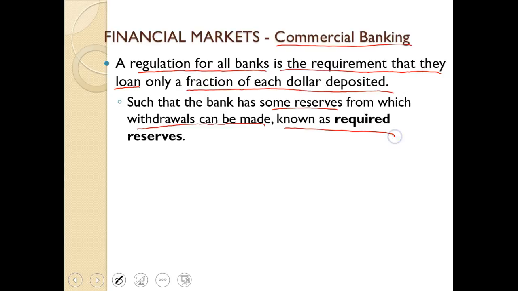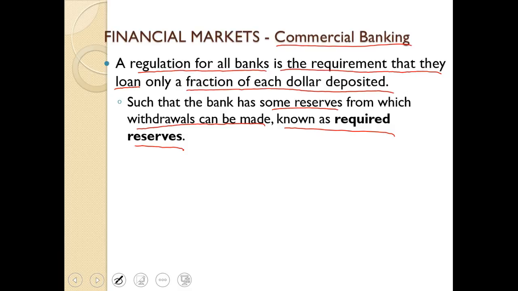This is known as the required reserves. The required reserves are the amount of money that the bank must keep either on hand or in the Federal Reserve or in deposits, and be able to access this amount of money in case somebody comes into the bank and makes a withdrawal.